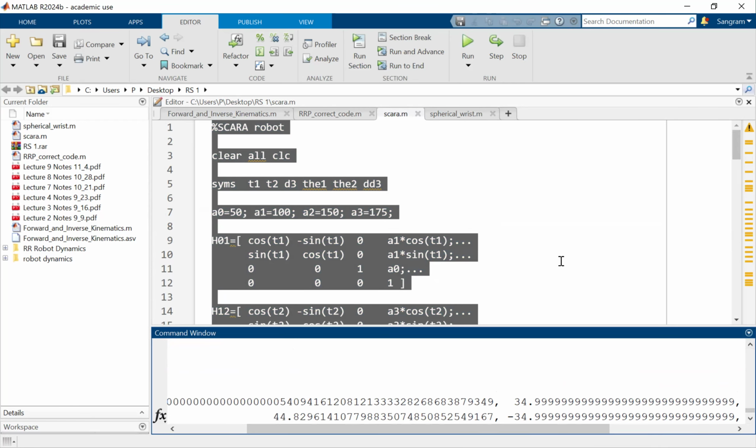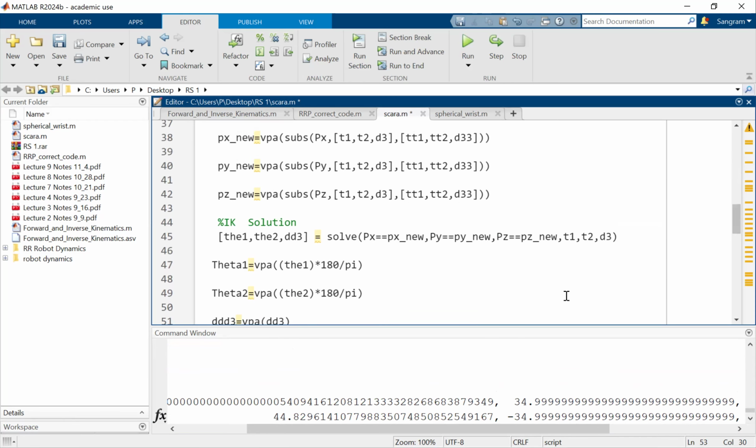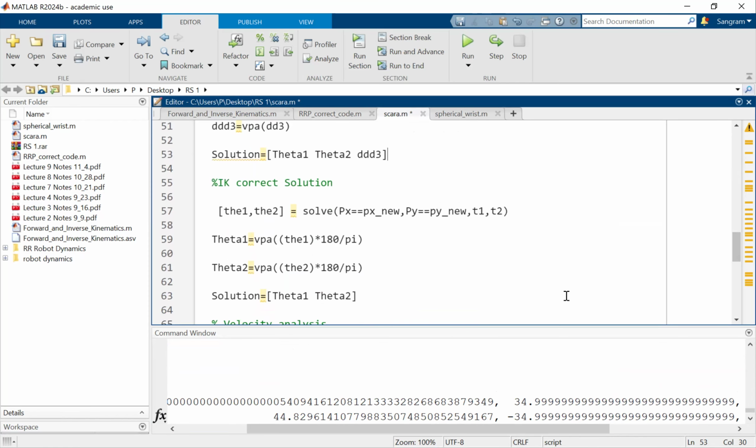Now if you want to get the correct answer, you need to find theta 1 and theta 2 from Px and Py, and lastly d3 from subtracting A0 and A1 from P. Yeah, so A2.